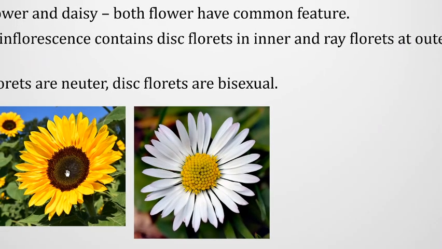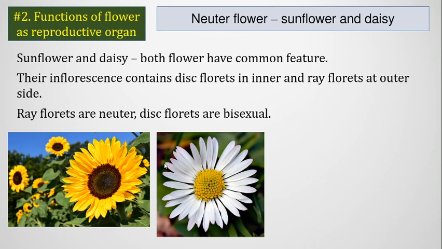Now these disc florets and ray florets have different features. For example, the ray florets don't contain any androecium or gynoecium, so these ray florets are neuter. But the disc florets, the small flowers, contain both androecium and gynoecium, so they are bisexual.